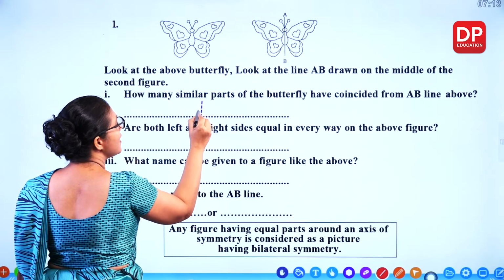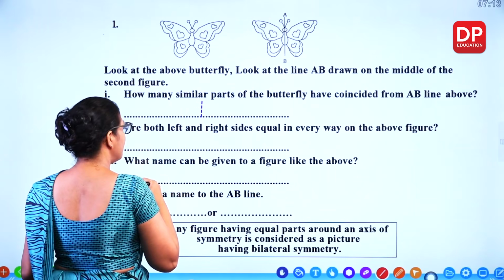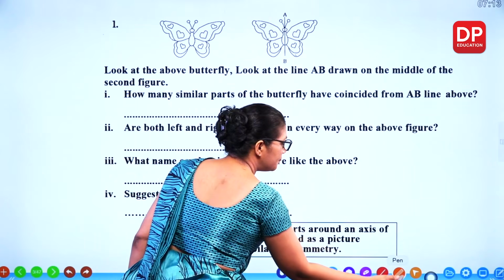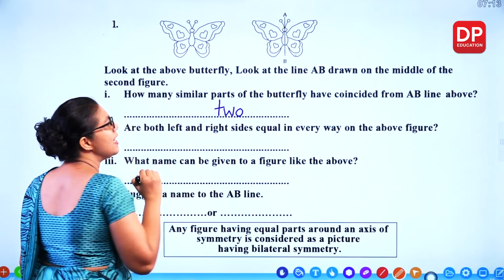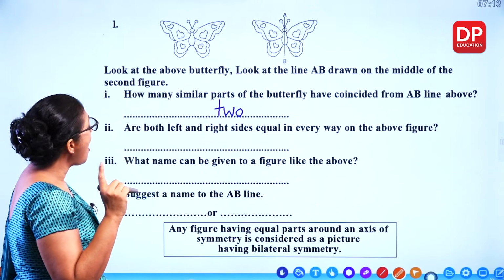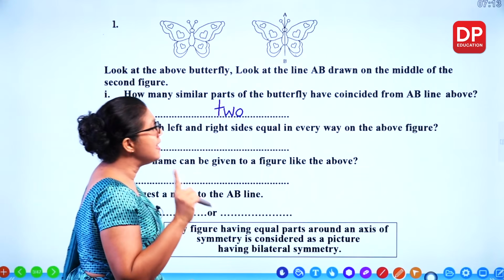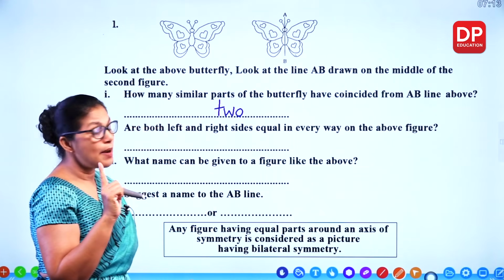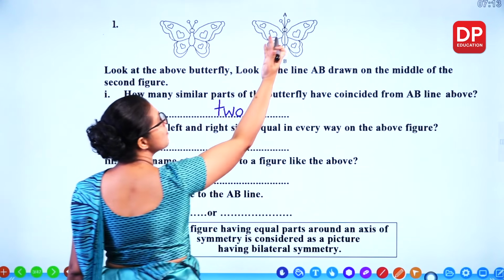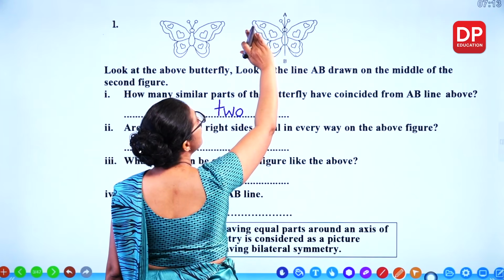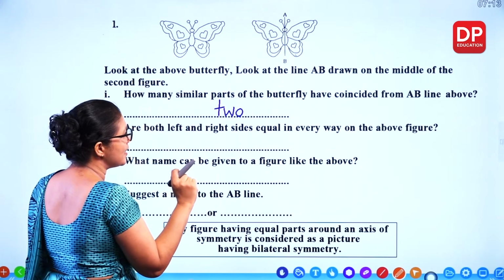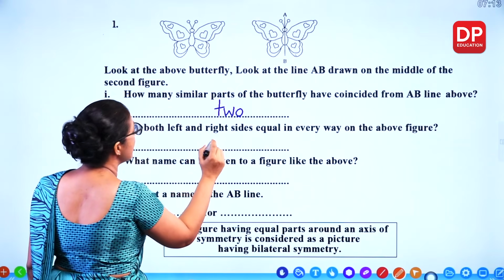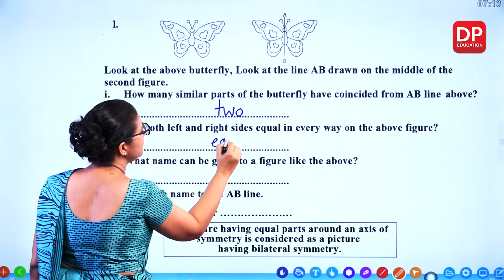So we can write how many parts? Two equal parts. Are both left and right sides equal in every way on the above figure? Yes, we can see everything on the left hand side on the right hand side as well. So yes, equal.